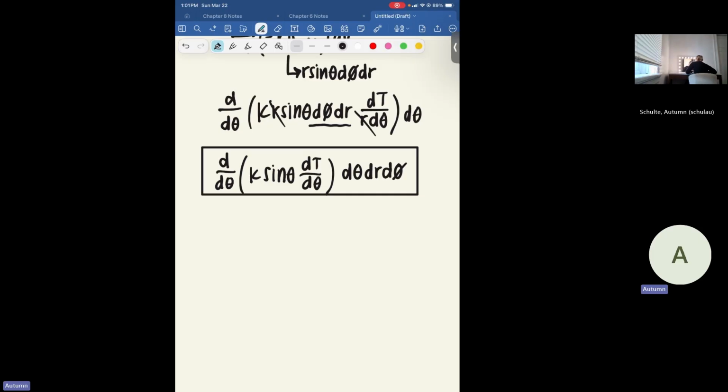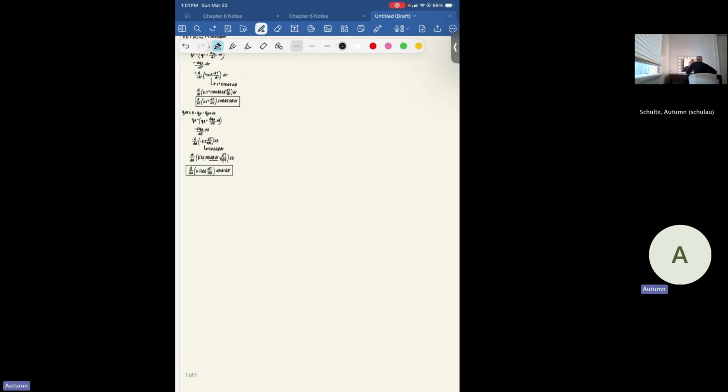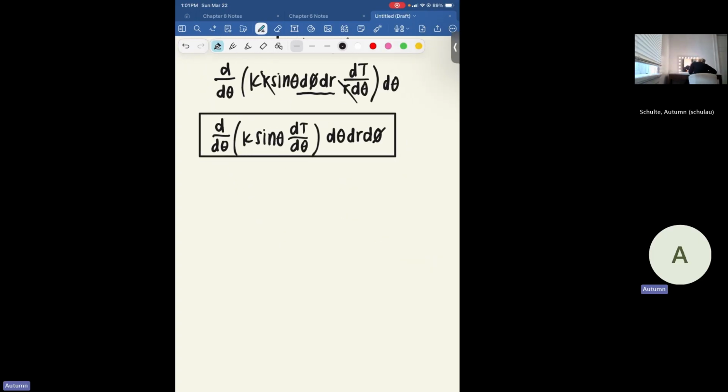Now we're going to move on to lastly our phi. So this is going to be the net heat flow at phi, which is equal to the heat flow at some phi minus the heat flow at some later phi plus d phi.